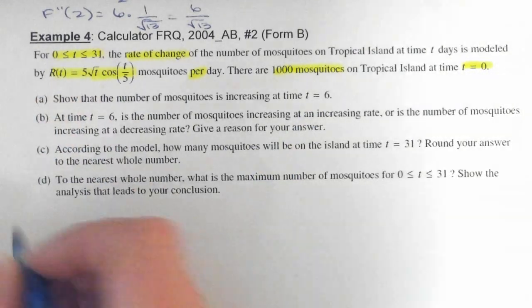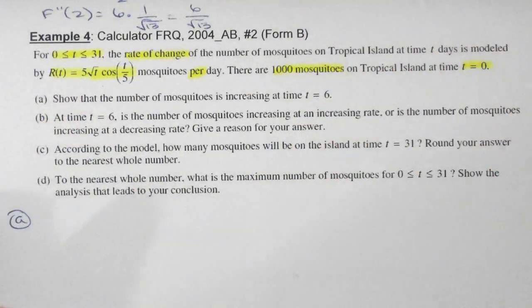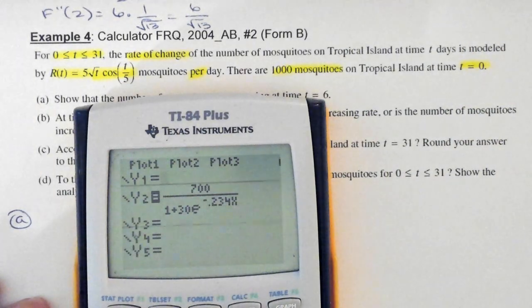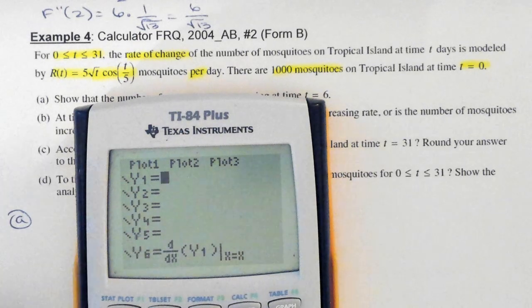So what we want to do in part A is go into the calculator first. Okay, and we want to go into y equals, and if you have anything in there, make sure you clear it out. Let's put our function in first.